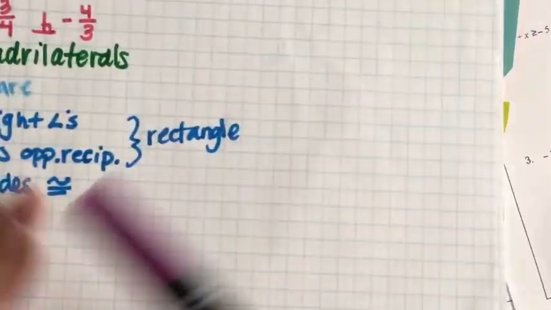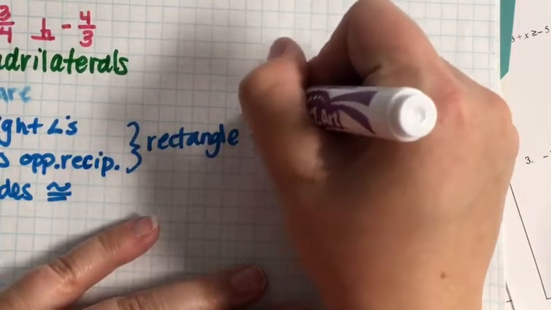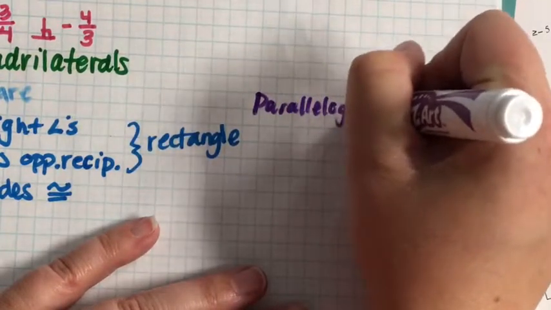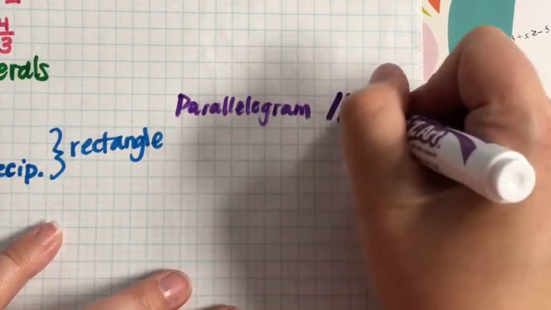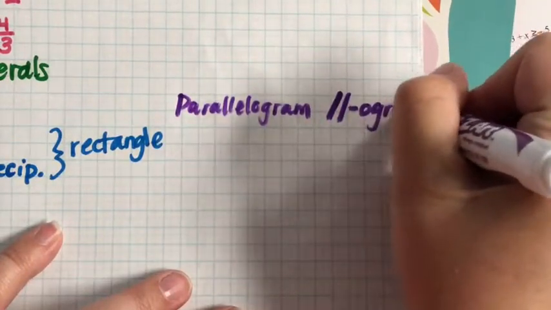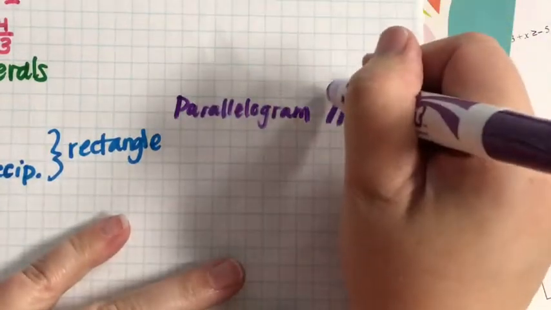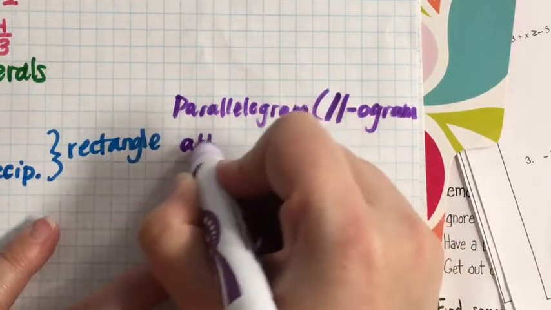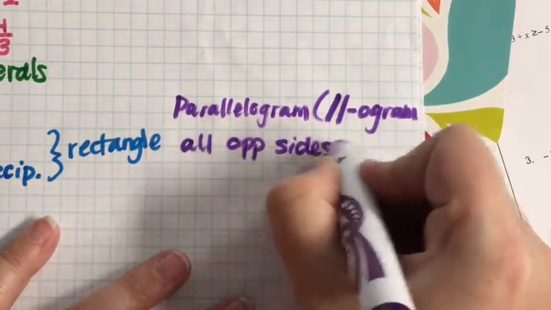How can you prove that a parallelogram is a parallelogram? They both have 2 parallel sides. Yeah, so let's see, parallelogram, which I like to abbreviate as parallel lines, ogram. So all opposite sides are parallel.